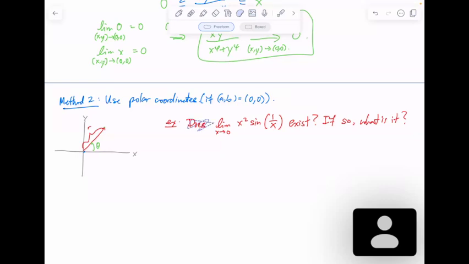So here's the problem. Let's revisit that very first example we saw in the textbook, which was the first table. The first table had a function f of x, y, which we decided, based on the table, non-rigorously, looked like the limit existed.